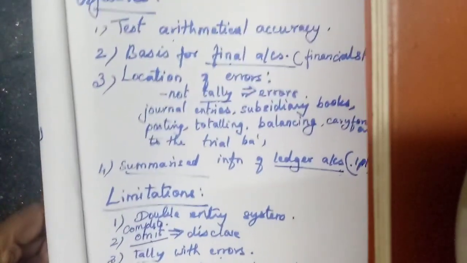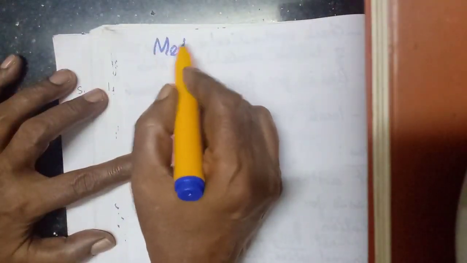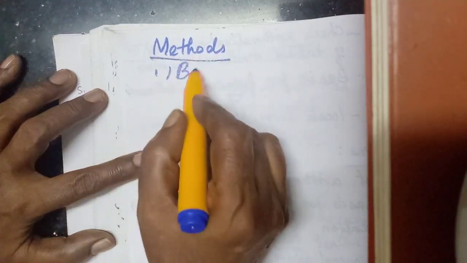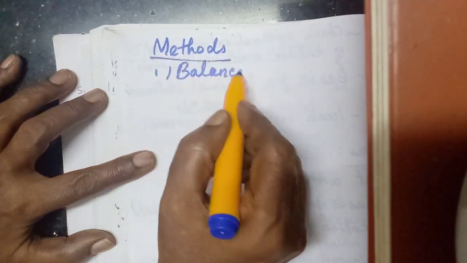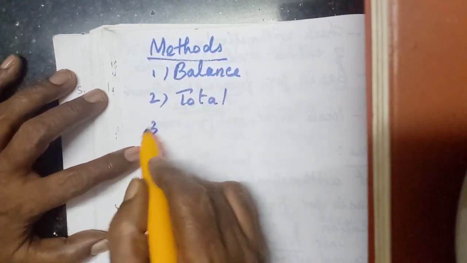Now, there are three methods, but we follow only one method. The three methods available are the balance method, the total method, and the total and balance method.